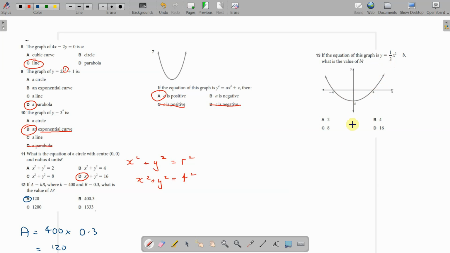So in this case we're going to do subbing in. Sub in values, and then we can get what the B is. So we're going to use a point along here. The only ones we can use are this one and this one.